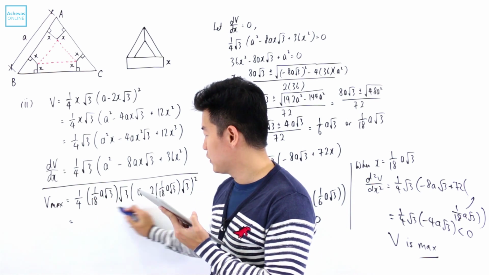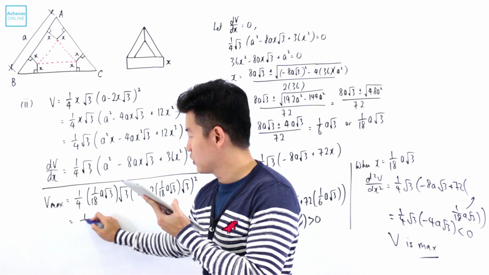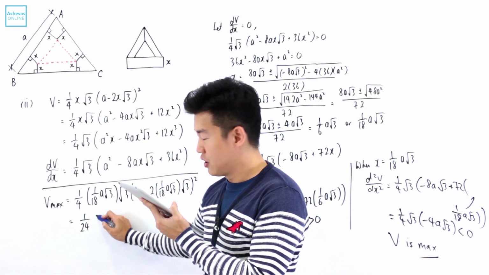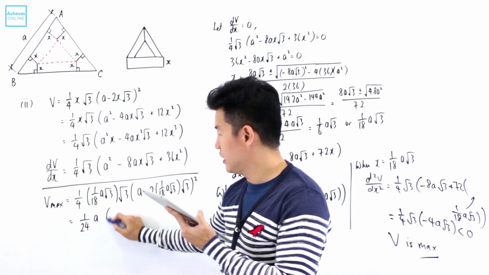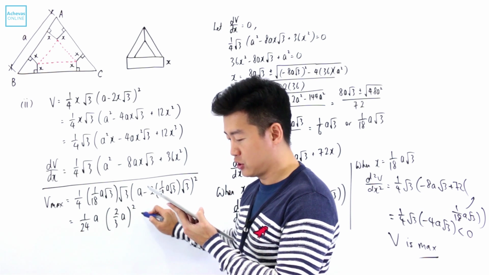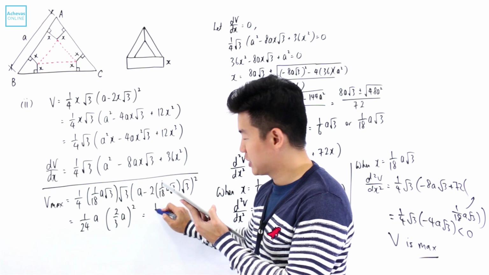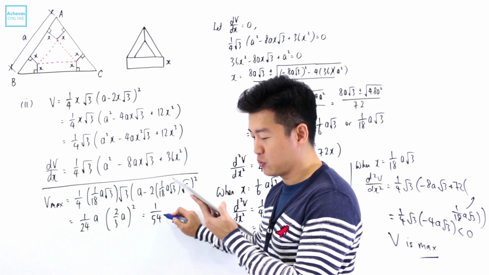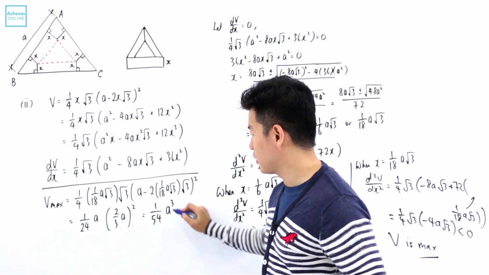If you evaluate this, here it is going to be 1 over 24a, and what we have here is 2 over 3 of a squared. So evaluating this, the maximum possible value of v is 1 over 54a to the power of 3.